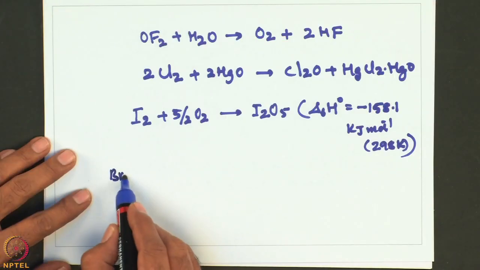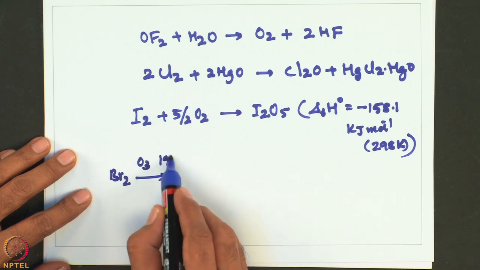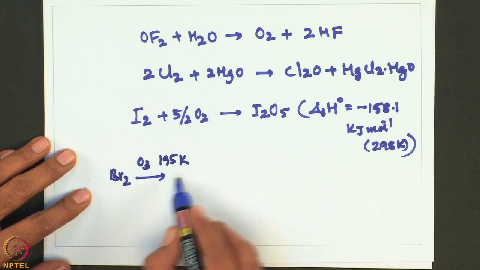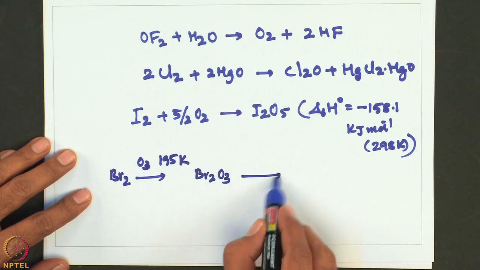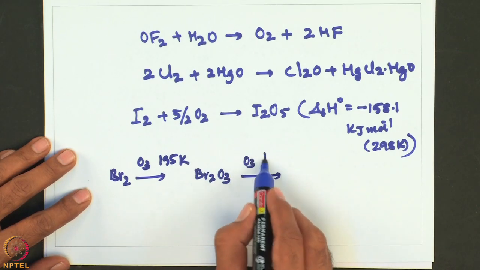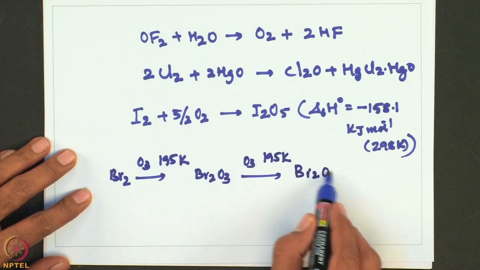For example, if you take Br2 and treat it with ozone at 195 Kelvin, it forms Br2O3, which on further treatment with ozone at the same temperature gives Br2O5.